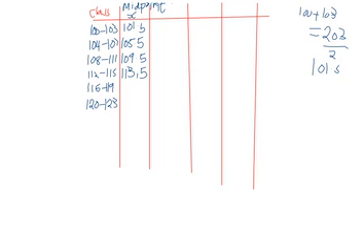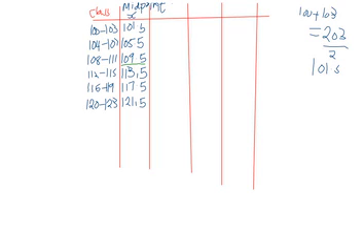Then we have 116 plus 119, then we divide by 2, and it will give us 117.5. 120 plus 123 divided by 2 gives us 121.5. So now we have the values of x, and we realize that 109.5, which is our assumed mean, is among the values of x.